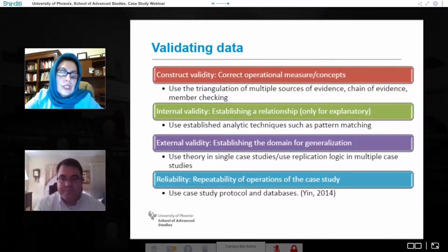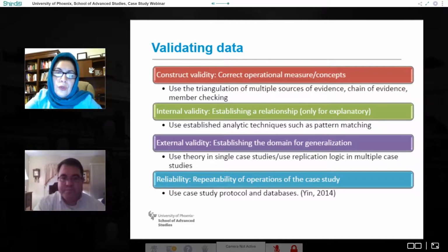So in order to achieve reliability, you got to use protocols. So in order to collect your data for the interview, and even for observation and collecting surveys, there are particular protocols that you got to follow. And if you go to Yin again, they provided clear guidelines that you need to follow.